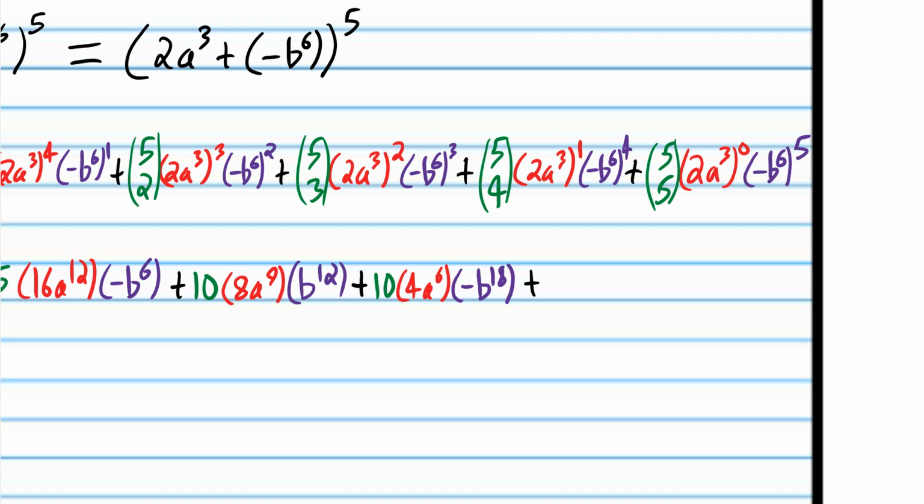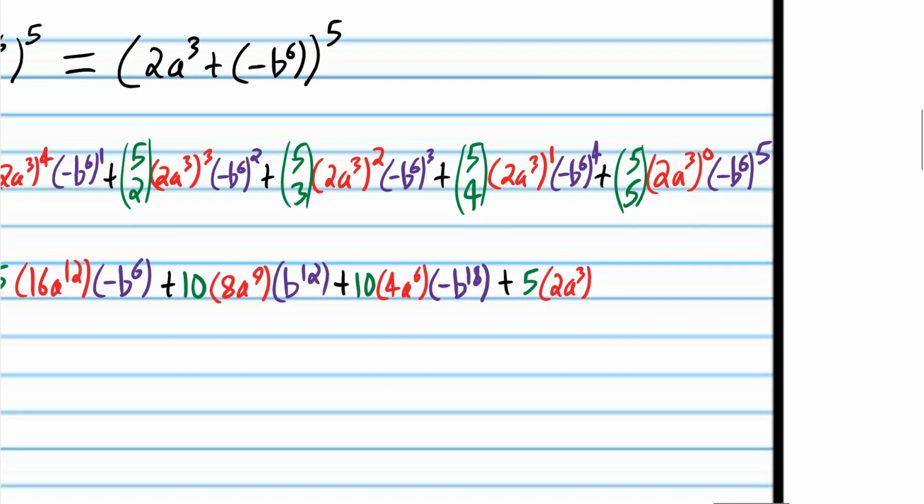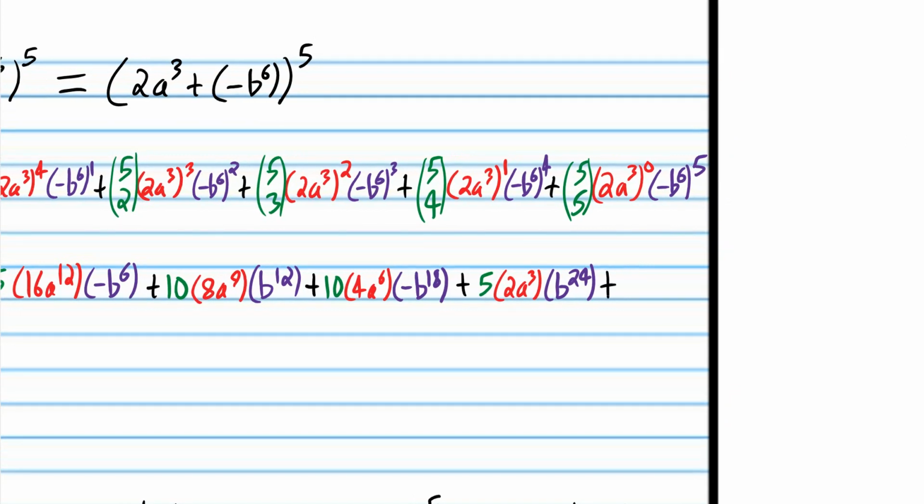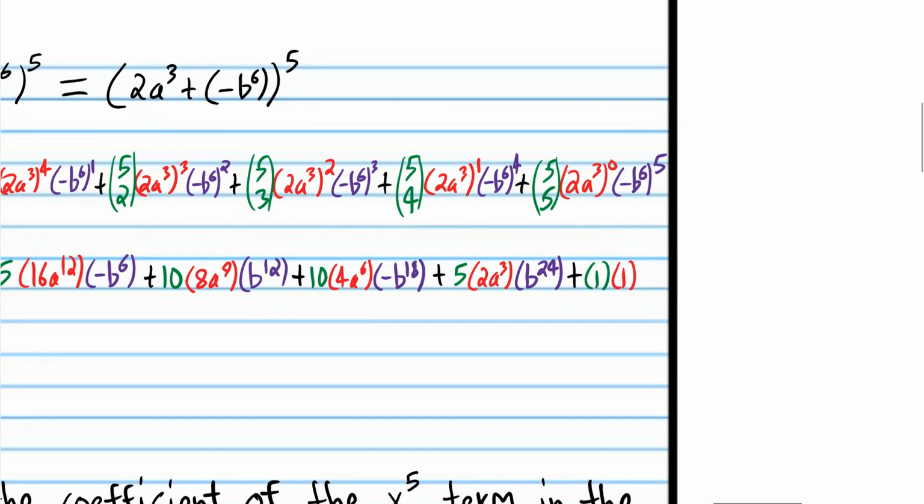And how many ways can we choose 4 things out of 5? Well, that's just going to be 5. And then we have 2a cubed. And that's an even power, so it's going to be positive b to the 24. How many ways can we choose 5 things out of 5 things? That's obviously 1. And 2a cubed to the 0 power is 1. And we're raising to an odd power, so it's going to be negative b to the 30th power.